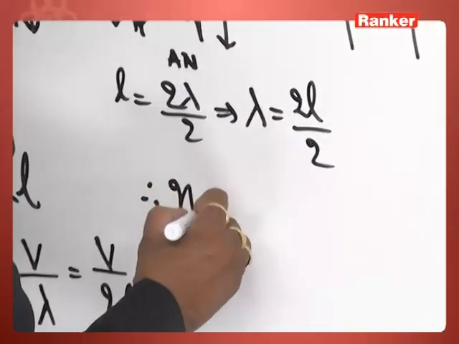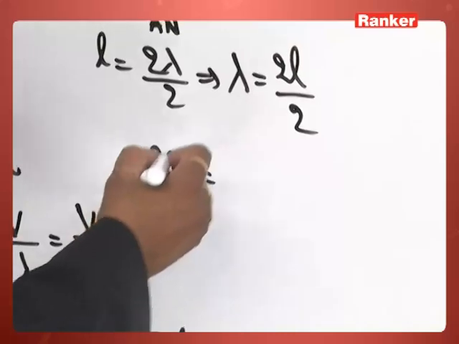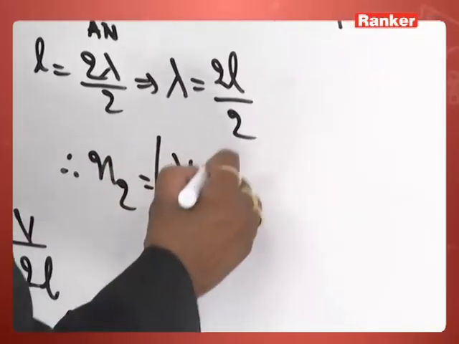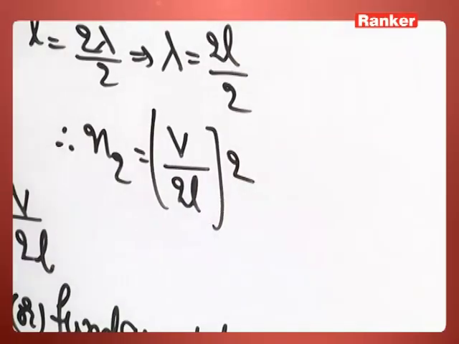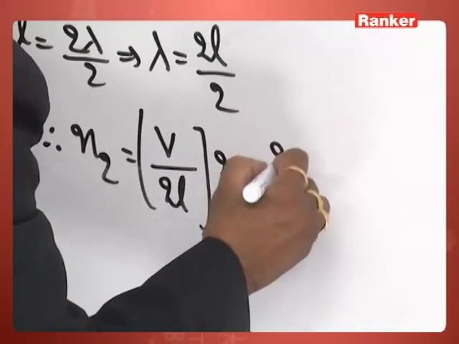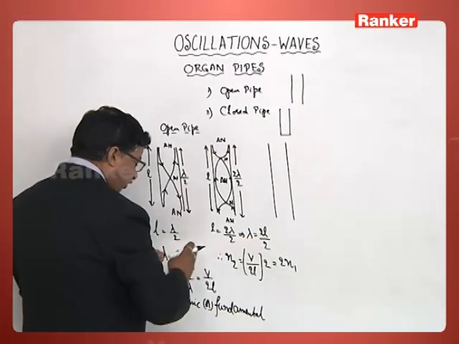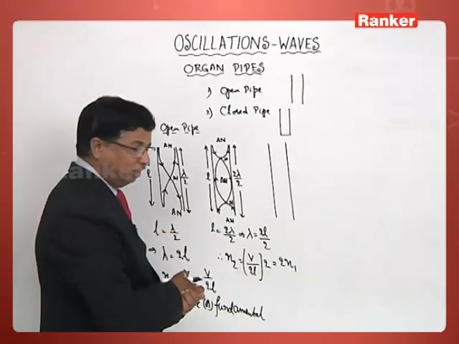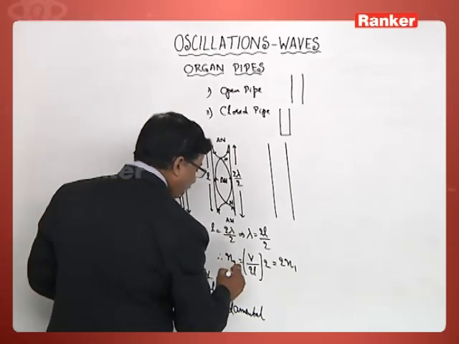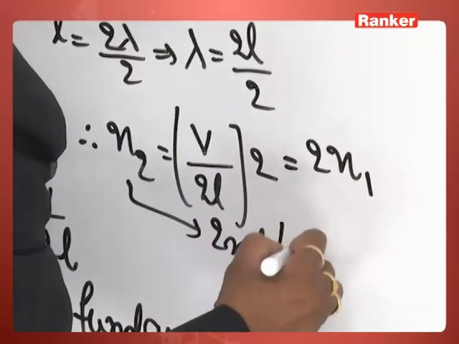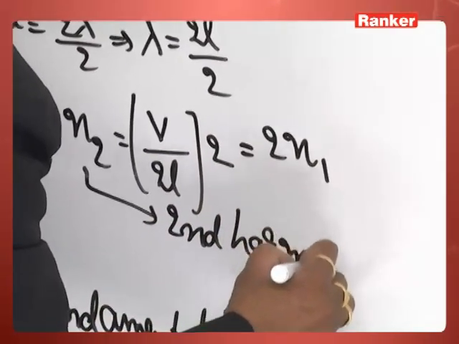Therefore, frequency N2, if I write, can be written as V by 2L into 2. In other words, I can rewrite the same as 2N1. That means twice the fundamental frequency. But one thing you should understand, what is this N2 to be called now? It should be called second harmonic.